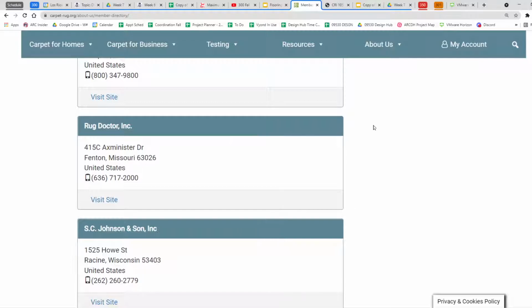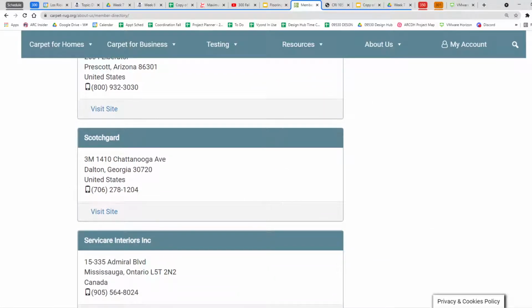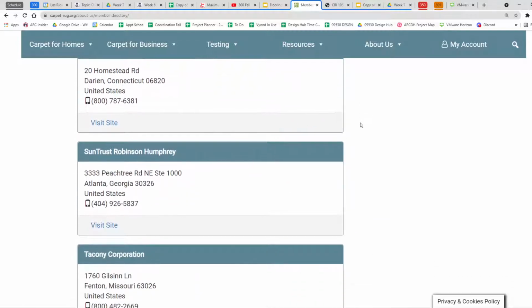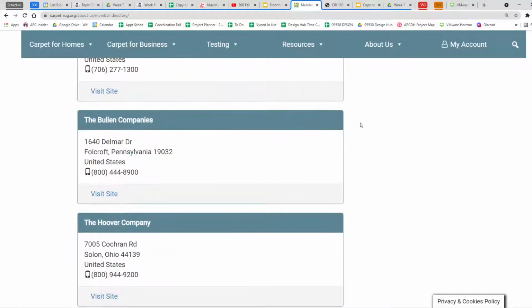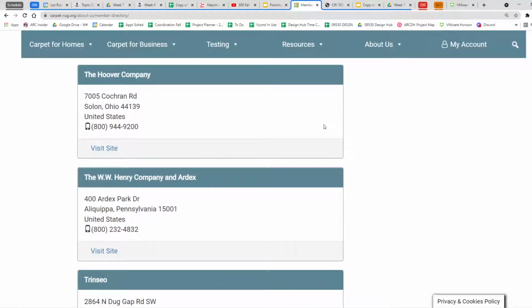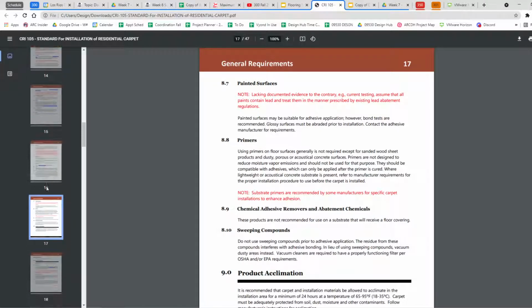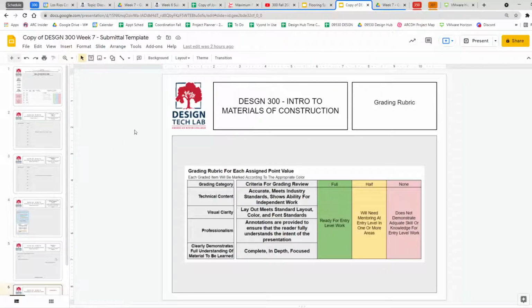Rug Doctor, they're gigantic. Scotchgard, they're gigantic. Know some of these other ones, but so that's how you go about kind of checking things out to see what's going on. Right? And you can read this spec. Go, okay, got it, man. They really have good directions.